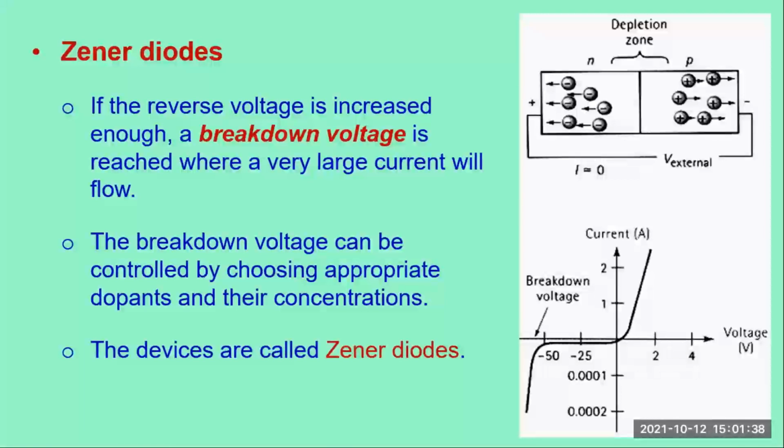The basic working of these Zener diodes is that when a diode is reverse biased, we saw the creation of the depletion zone. However, we get to a point of saturation where the growth of this depletion zone is so large, and there's the creation of a strong electric field, and there will be a saturation current that results due to the minority carriers, the charge carriers that are present.